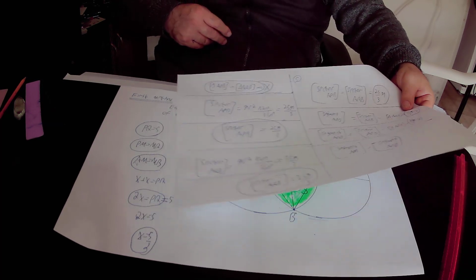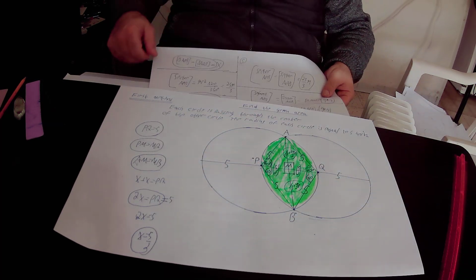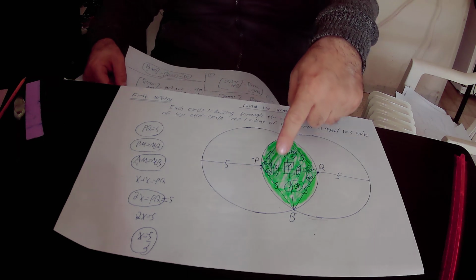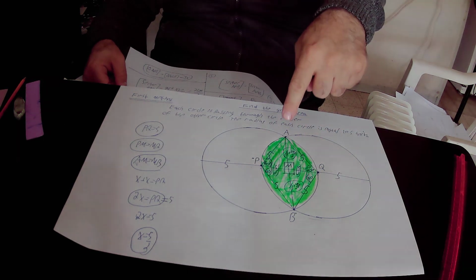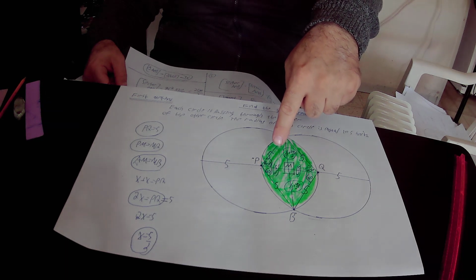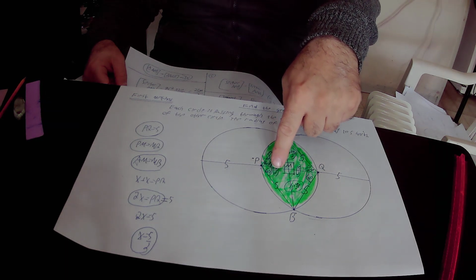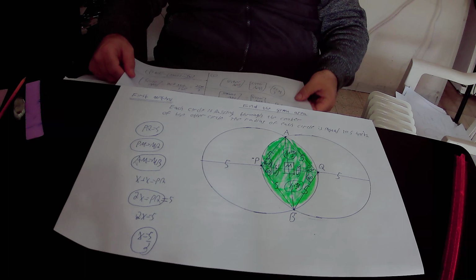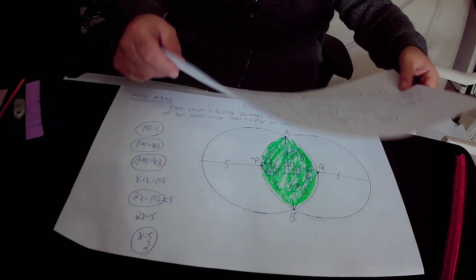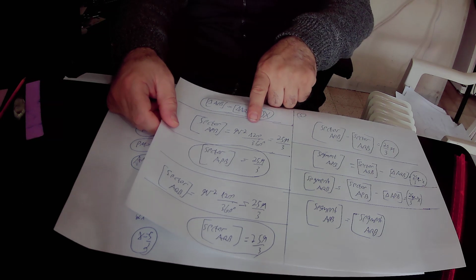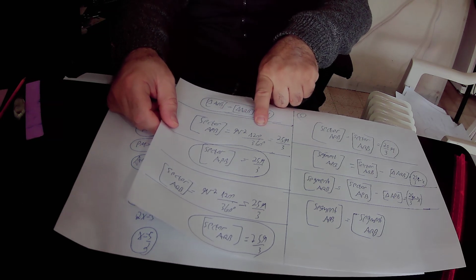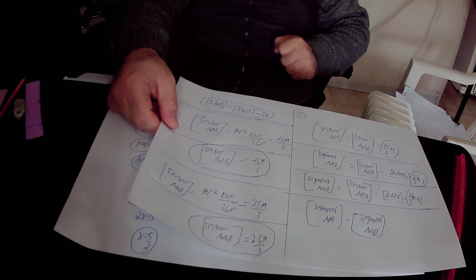Then, what is the value of sector APB? The area of sector APB will be equal to pi r squared times 60 plus 60, which is 120 degrees, over 360 degrees.